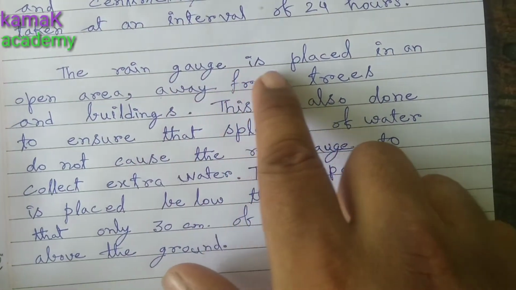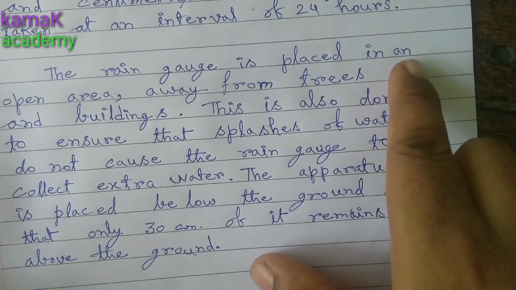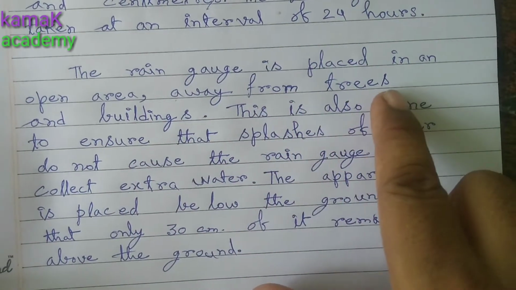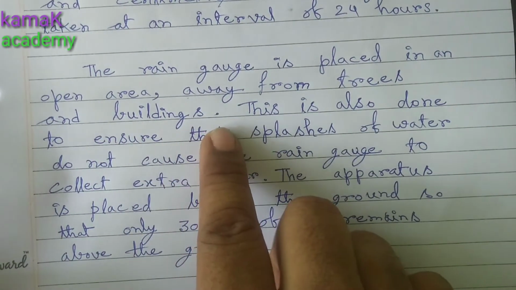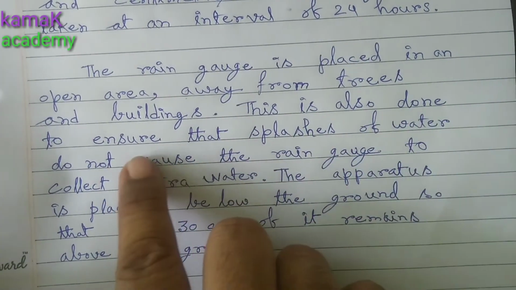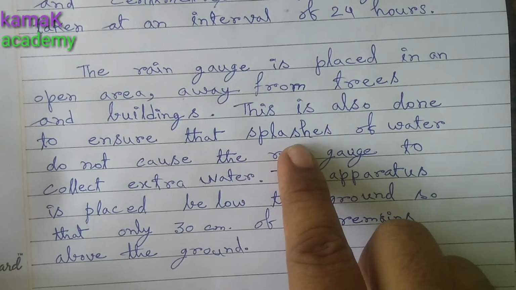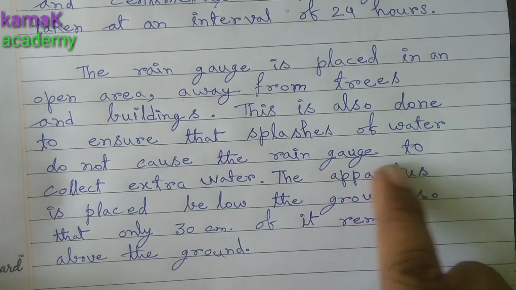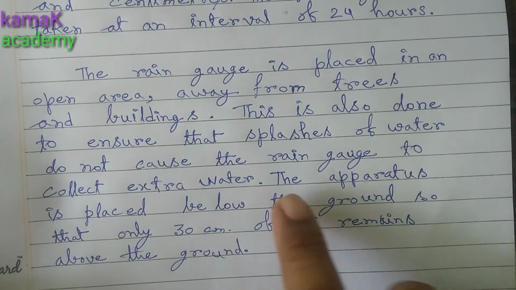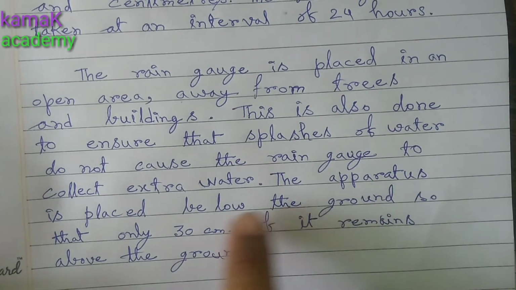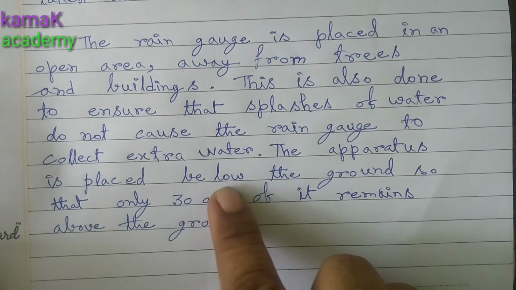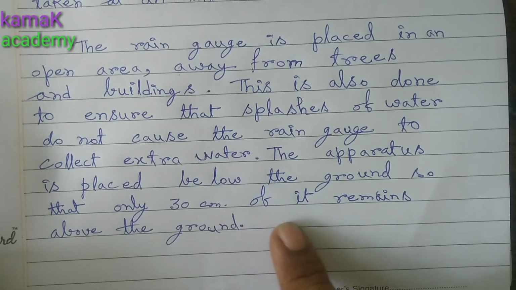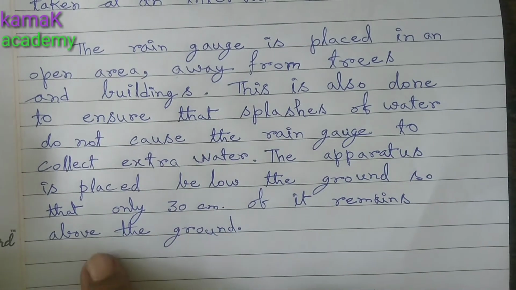The rain gauge is placed in an open area away from trees and buildings. This is also done to ensure that splashes of water do not cause the rain gauge to collect extra water. The apparatus is placed below the ground so that only 30 centimeters of it remains above the ground.